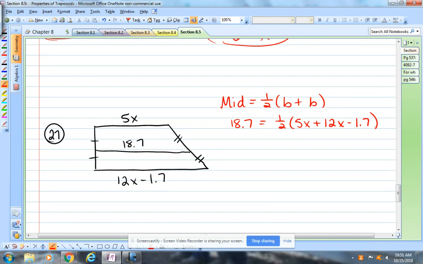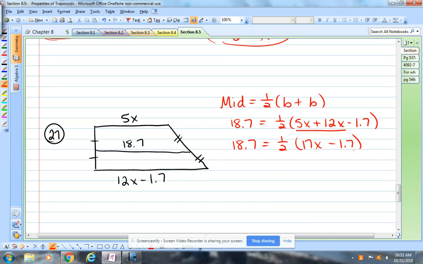Okay. Now there's one thing I can simplify before I get rid of my 1/2. What is it? Yeah, these are like terms, aren't they? Right? So we're doing a little algebra 1 today. What is 5x plus 12x?